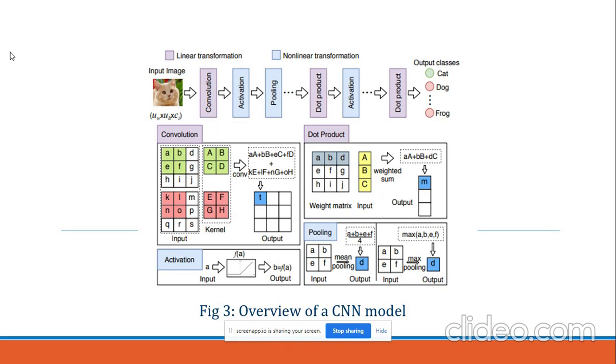Then the value is passed to the dot product matrix, where the weight matrix is dot-producted with the input, and the weighted sum is calculated and passed to the output classes. Then the output classes find whether the object is a cat, dog, or another animal. Here it represents the output as a cat.